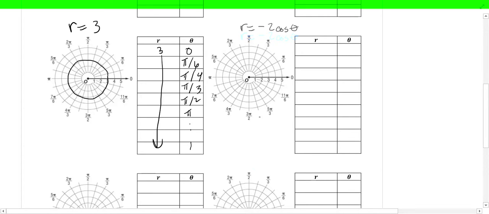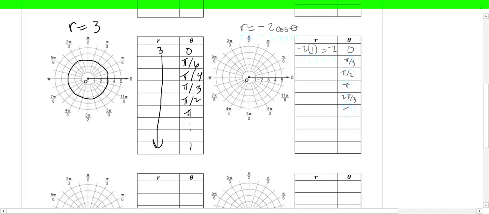Well, what that means is that this is -2 times whatever it is. So if we go for 0, it's 1, so it's -2. And then we're going to do our convenient values: pi over 3, pi over 2, pi, 2 pi over 3, I did that wrong.